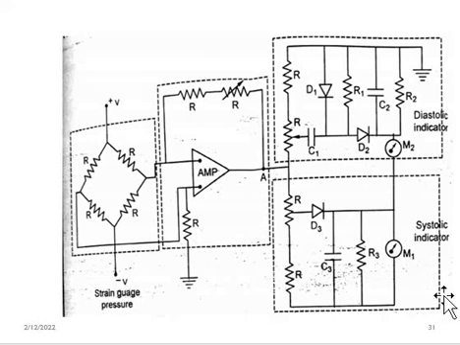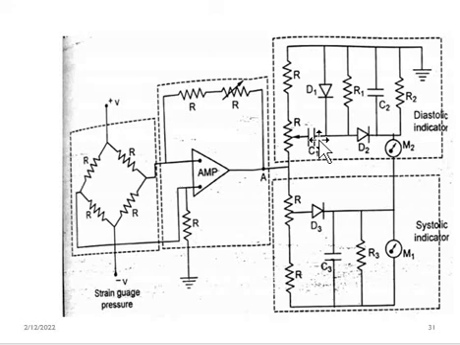When there is a minimum voltage at the junction A, the diode D1 and C1 act as a clamper circuit.